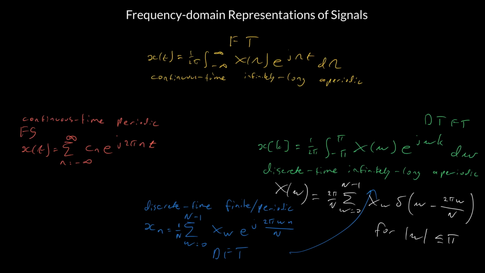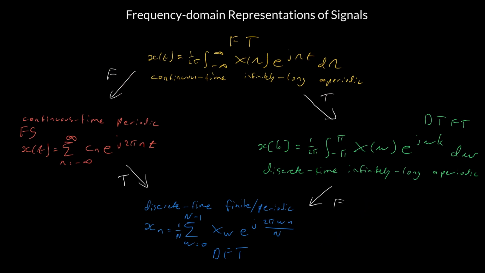As we said earlier, the only reason for having this representation here is to avoid having to use direct deltas in these representations up here. In fact, there's another reason for using the DFT, and that's on computers we can actually compute this very easily, at least for certain values of big N when we can use the fast Fourier transform.